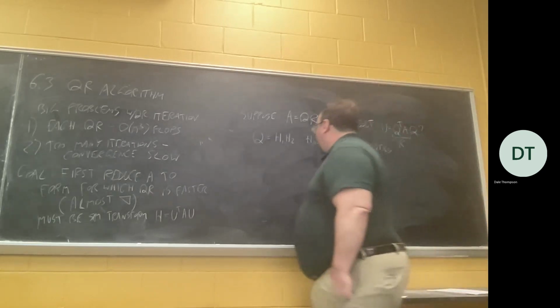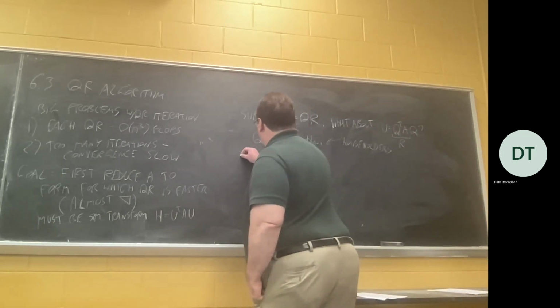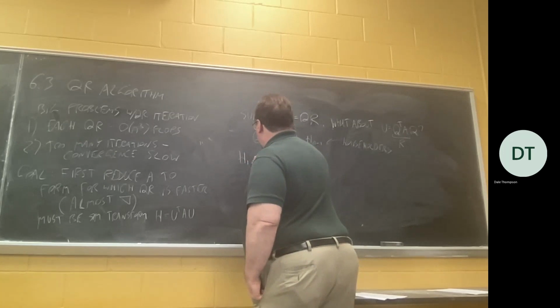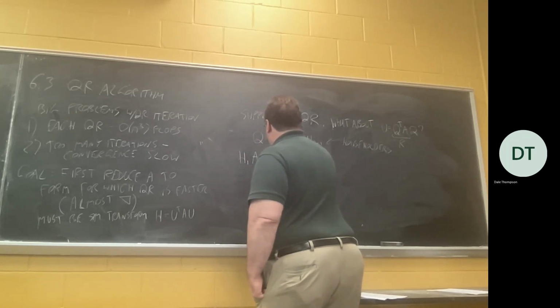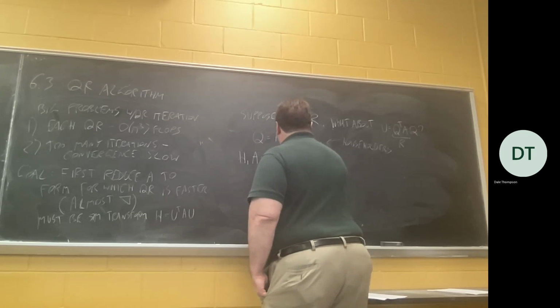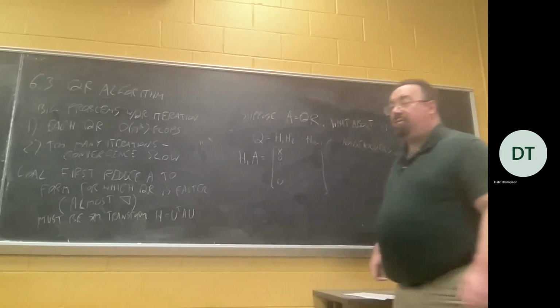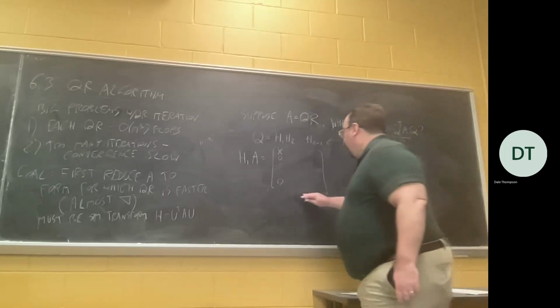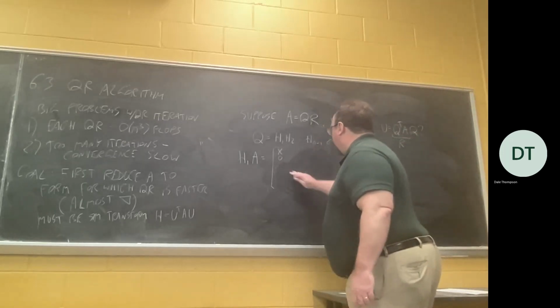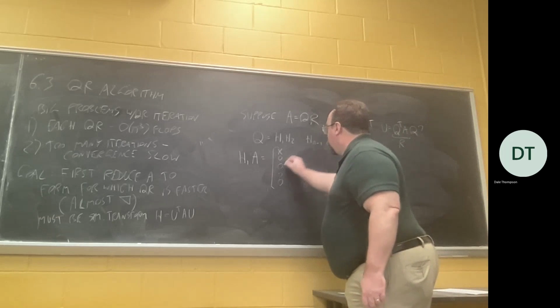So let's take a look at that process. If I apply H1 A, that is meant to make all of the first column 0, except for the first entry. I'm going to fill in every entry, make it like a 5 by 5 matrix.